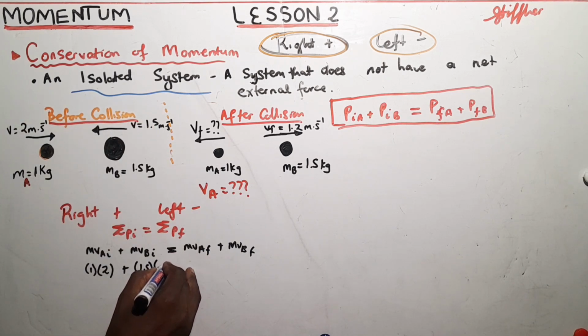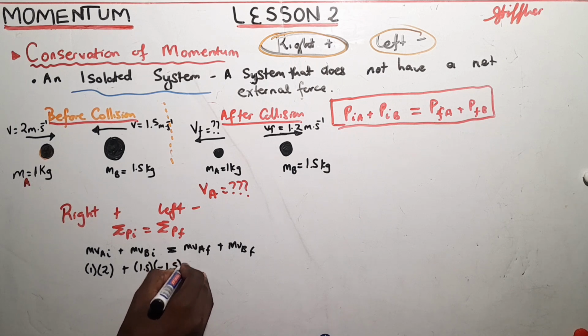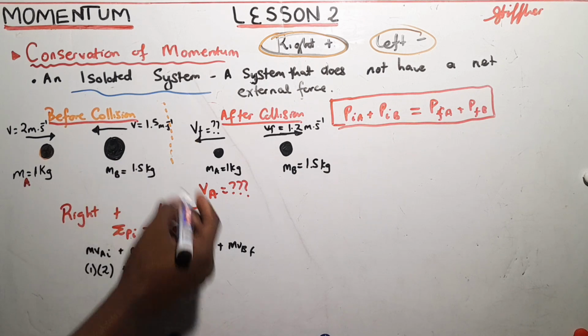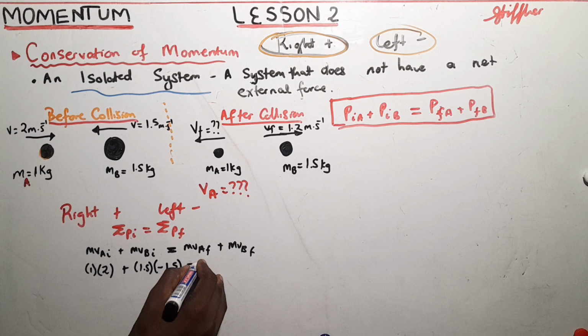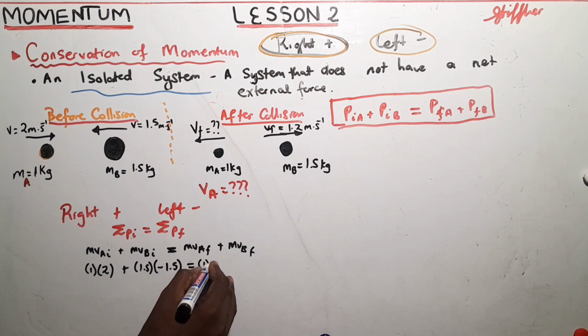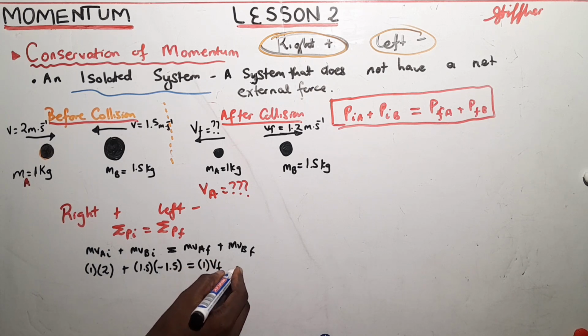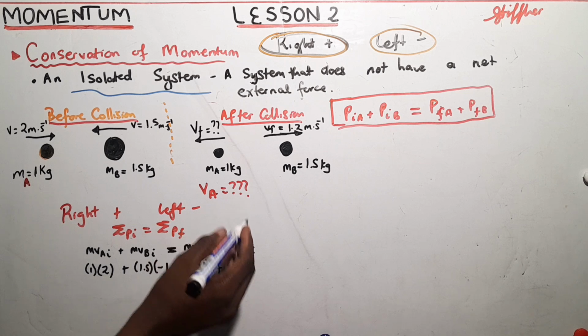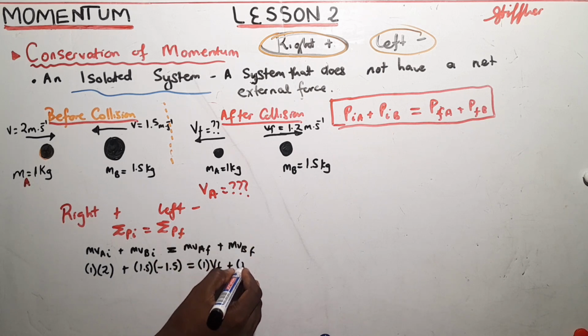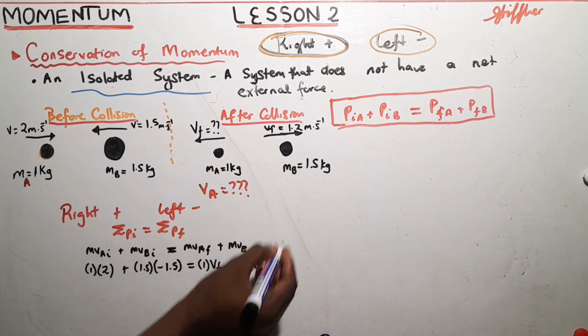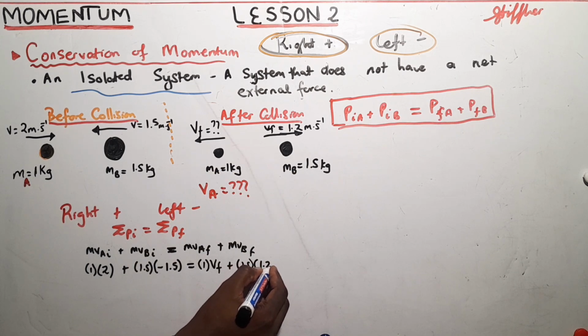So this will be negative 1.5 being equal to, and after the collision, you know that our mass still is 1 kg and the final velocity we don't know, plus the mass of that, which is still 1.5, and our velocity now is going to the right, so that's 1.2.